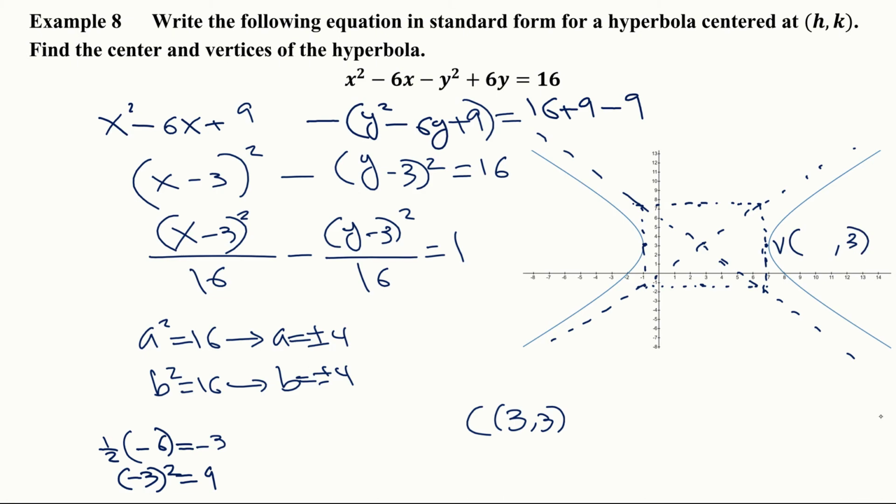So the center is at 3, 3, so 4 plus 3 is 7. And the other vertex is going to be at the same elevation, so 3 is the y value, and then 3 minus 4 is negative 1. So those are the center and the vertices, and that's it. That's all we had to do. We didn't even have to graph it, but I just wanted you to see it's very easy to graph. That's all there is to it.